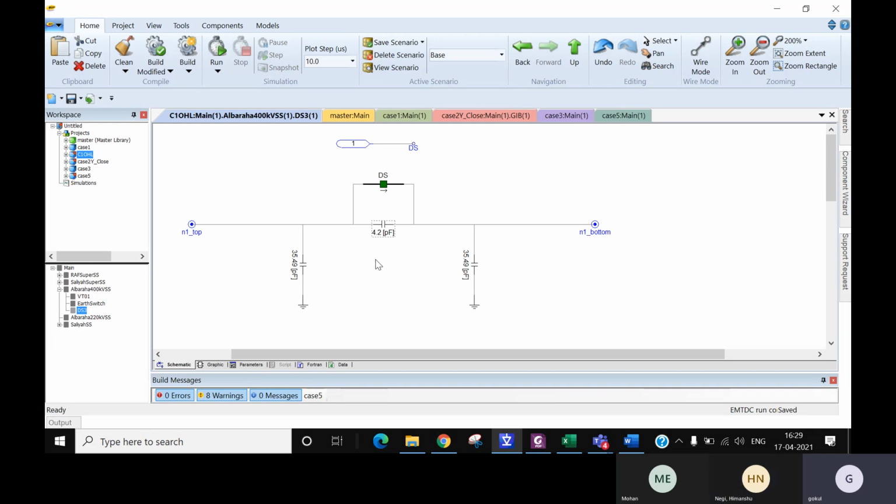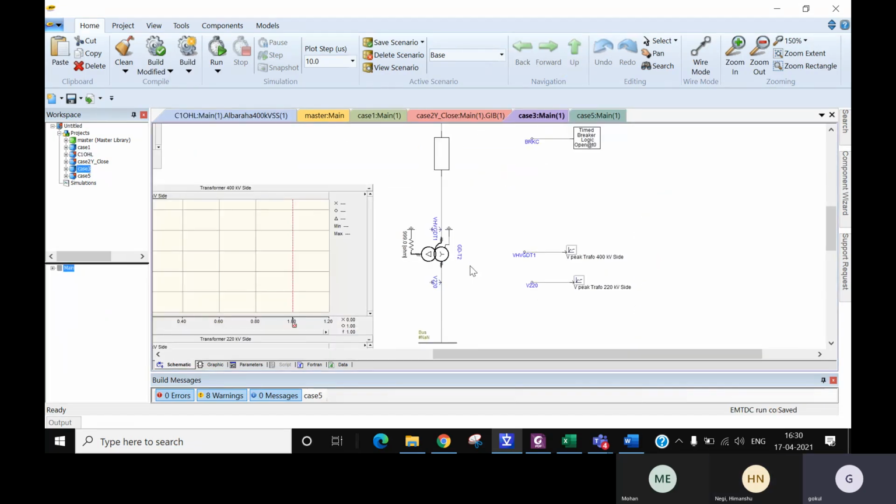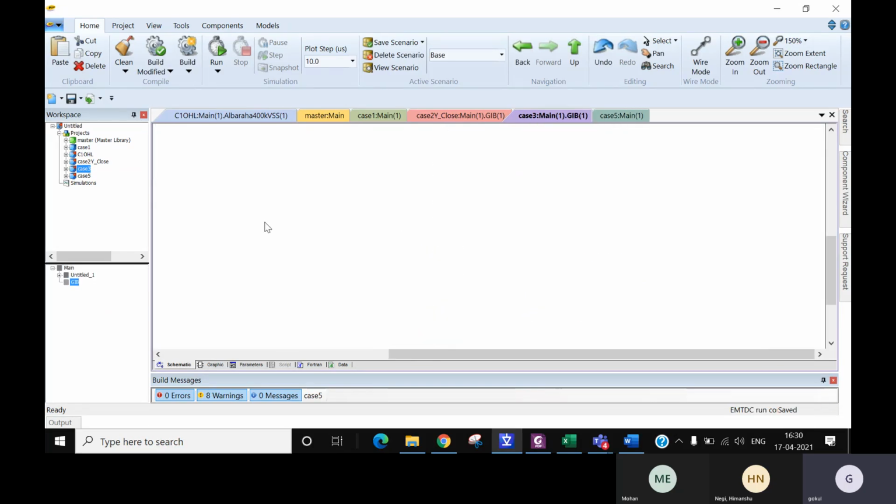That is inevitable. So that is the grading capacitance, and you have to model that as well. You have to model the grading capacitance and the stray capacitance when you are going to talk about only the VT. But when you talk about a power transformer, then this is the rule.